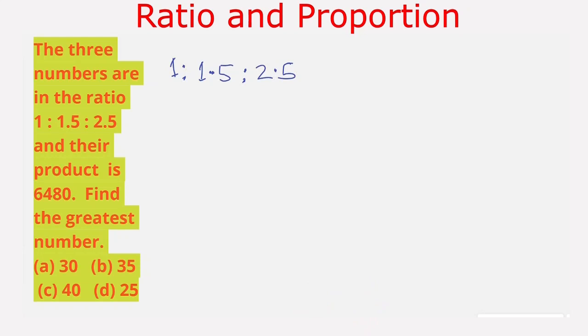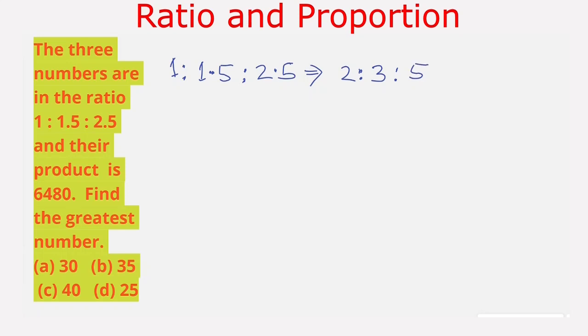We convert these decimals into whole numbers, and on multiplying all these ratios by 2, we get 2 ratio 3 ratio 5. 1.5 times 2 is 3, 2.5 times 2 is 5. So it becomes 2 ratio 3 ratio 5.